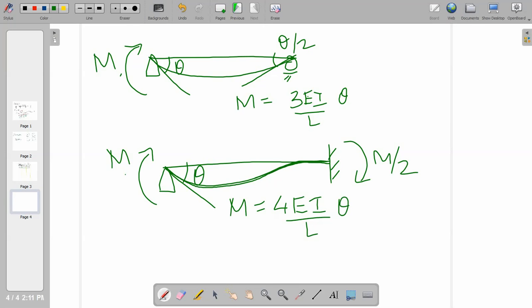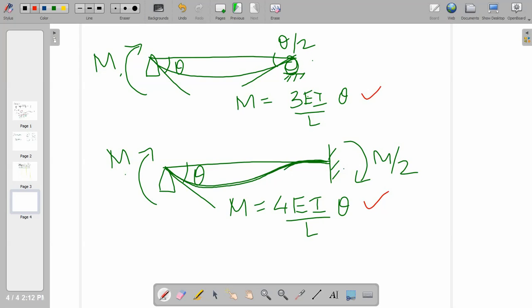There is an easy way to remember these two. This side is a roller support, it cannot exert moment, but the angle is half of this side. This side is a fixed support, so it cannot allow any rotation, but the moment is half of this moment. You need to remember these two values.